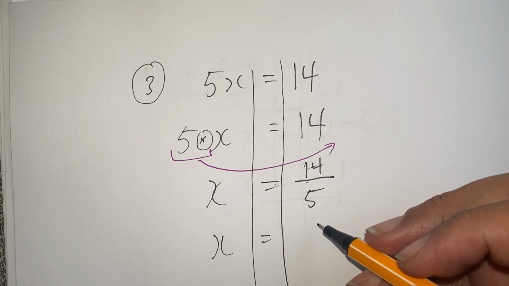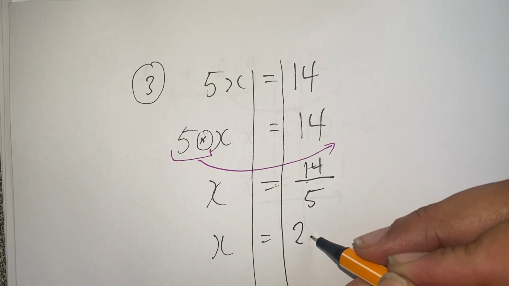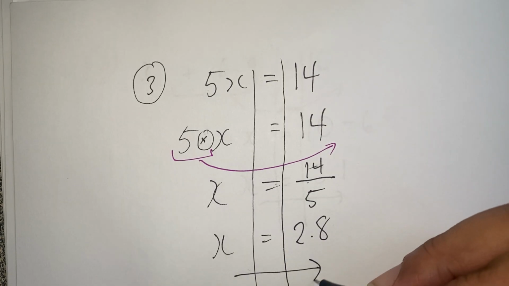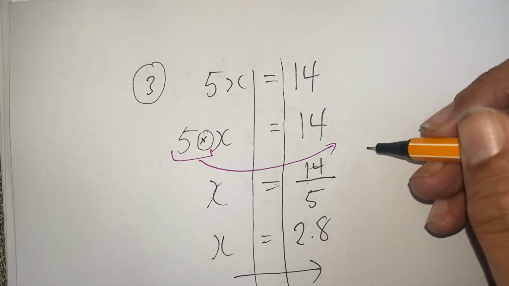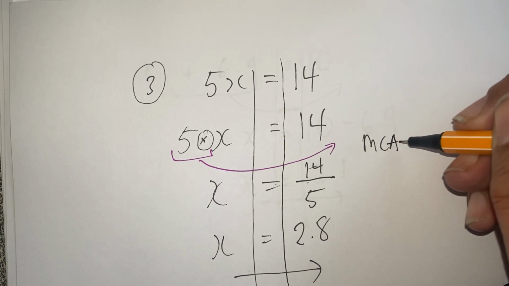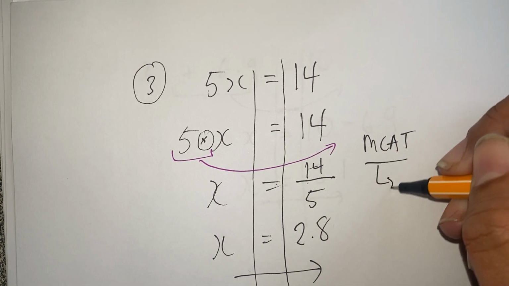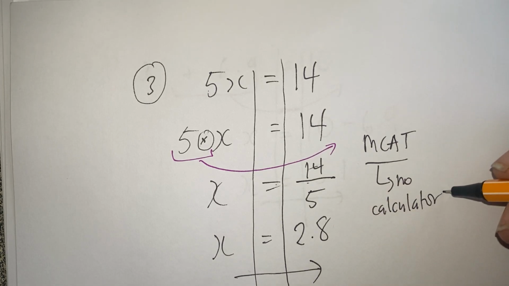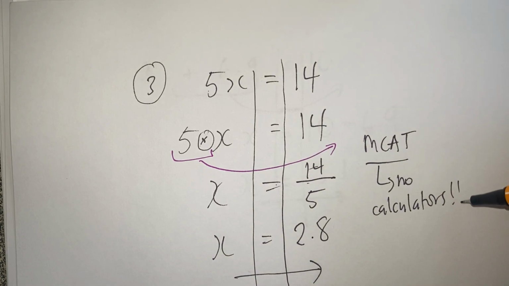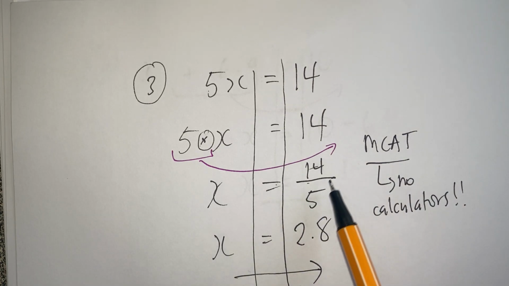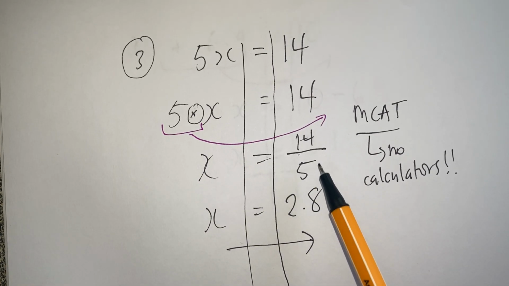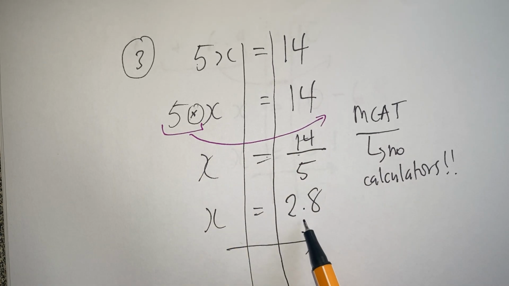This should be 2.8, I think. You guys can confirm that. But just remember that in your MCAT exam, you won't be allowed to use calculators. So you do have the option of keeping it in simplified fraction form. Otherwise, you could give it a go, dividing it out and making it a decimal.